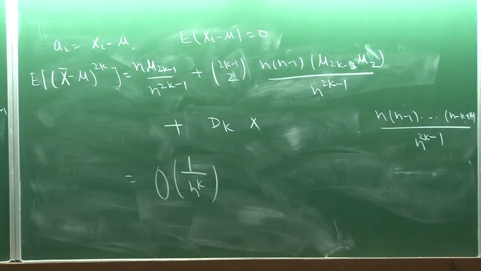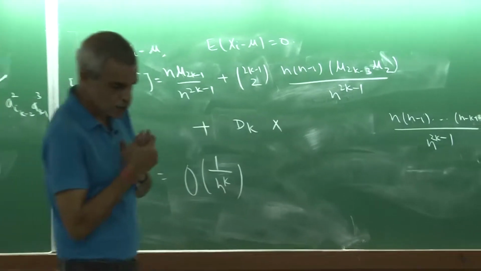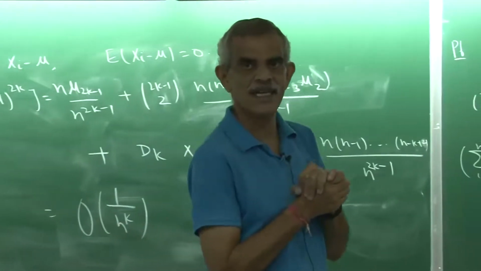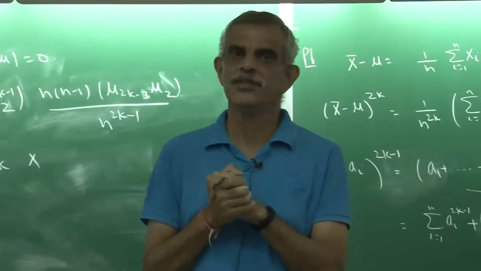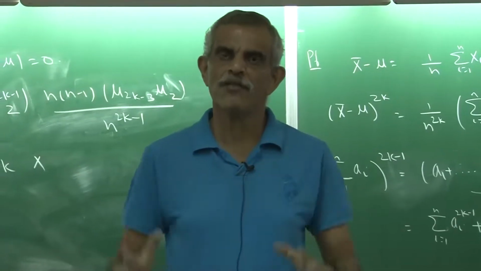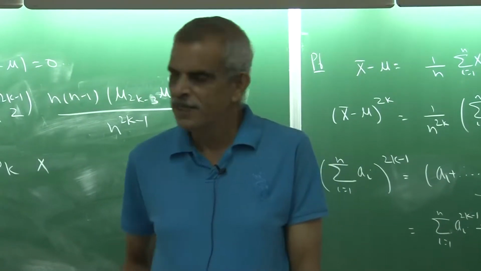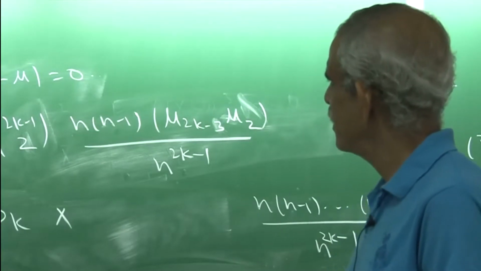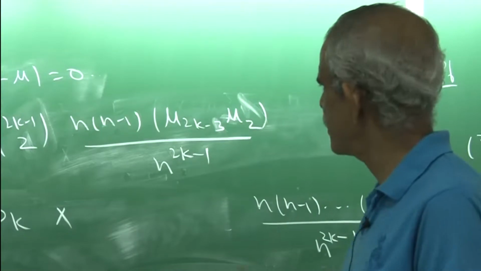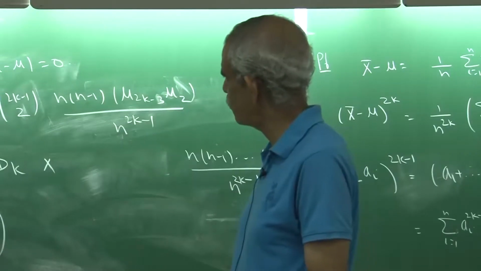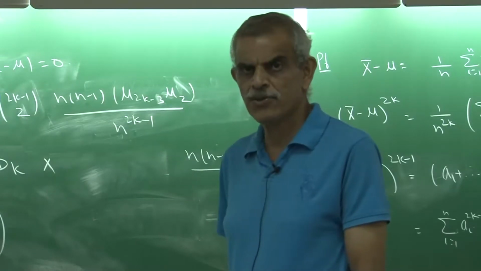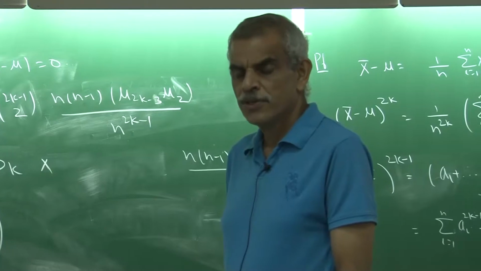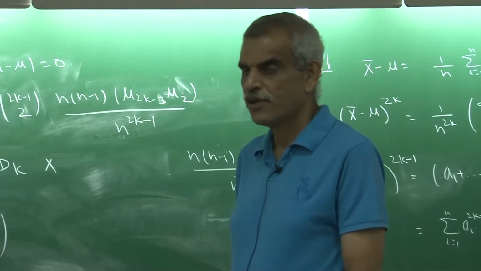So that proves that the expected value of (x bar minus mu) to the power 2k minus 1 as well as the expected value of (x bar minus mu) to the power 2k, both are of order 1 upon n to the power k. The derivation is simple, just based on simple combinatorics. If you want to get more insight into it, I would say try to work it out for the expected value of (x bar minus mu) cubed and the expected value of (x bar minus mu) to the power 4.